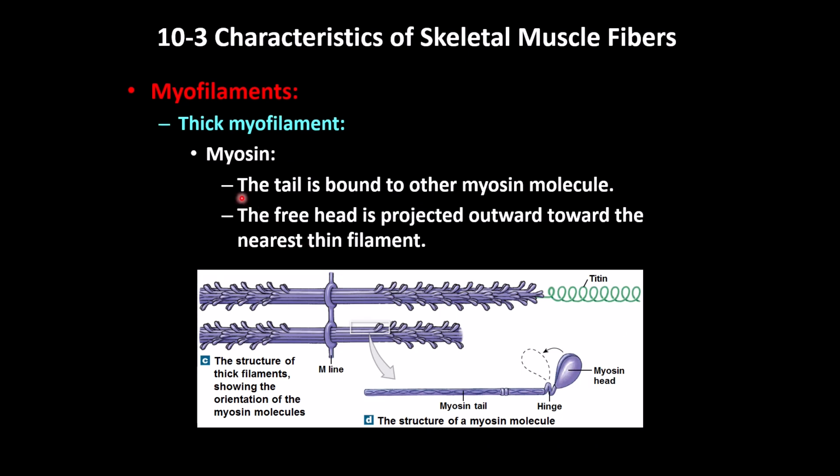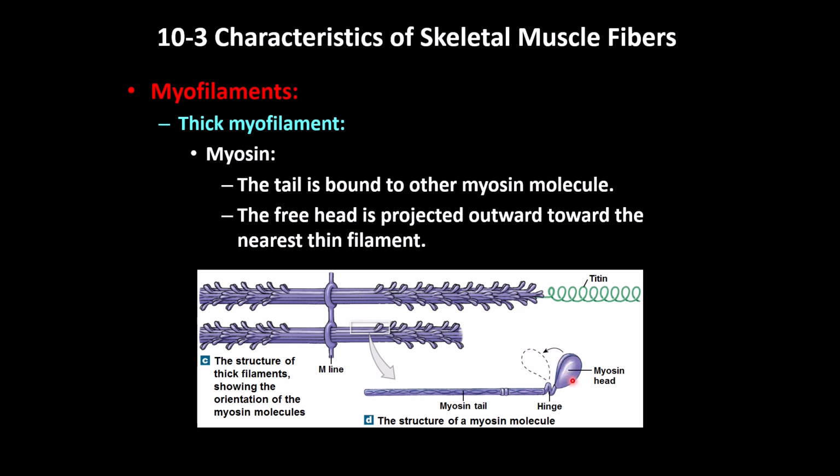The thick filament is made of multiple myosin proteins. The myosin protein contains a tail. The end of the tail goes to the M line, and then it connects with the tail of the opposite side myosin. It has a hinge, and this area is moving the head, and there are 2 heads here.